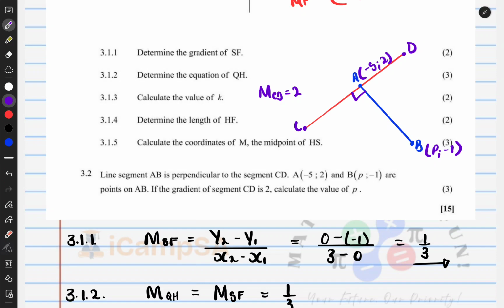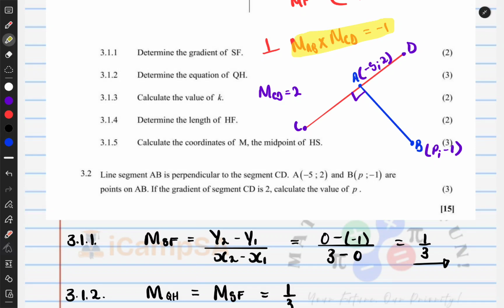Since we know that these two lines are perpendicular, we can use that equation I was referring to: for perpendicular lines, the gradients MAB times MCD is equal to -1.